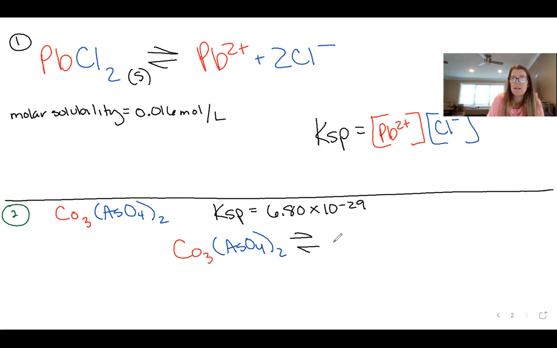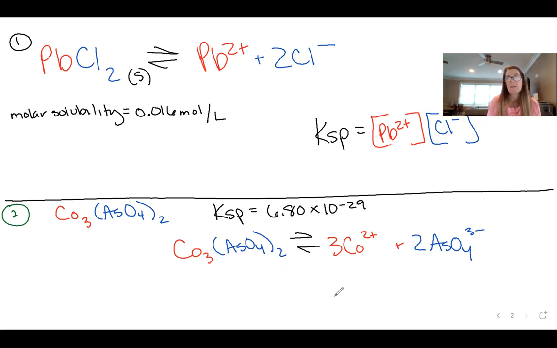And in this case, I end up with 3 cobalt ions, each of them having a charge of +2, and I have 2 polyatomic ions that have a charge of 3.